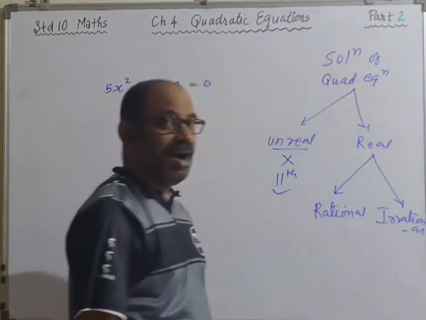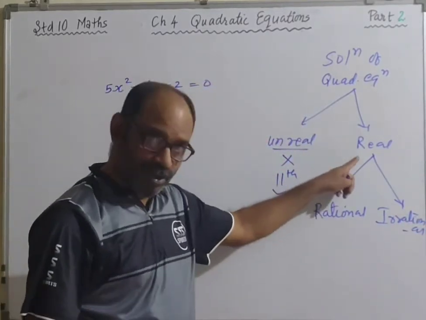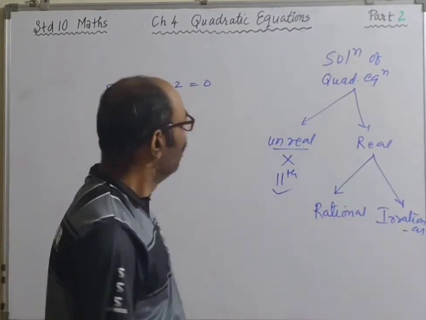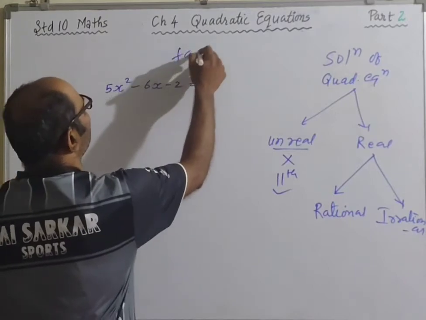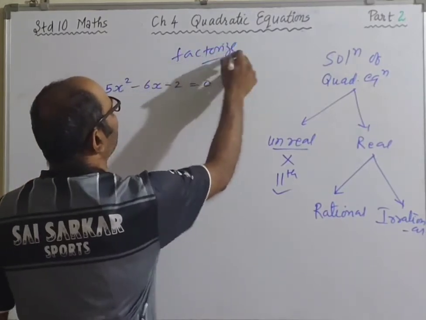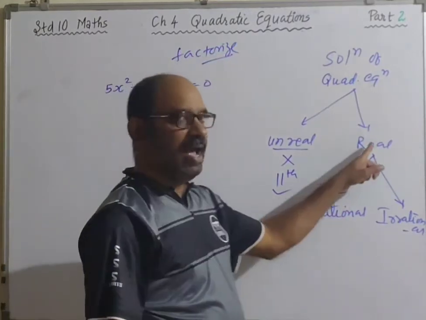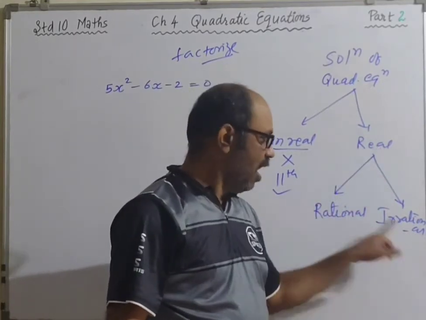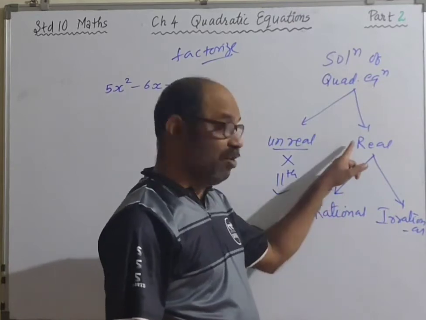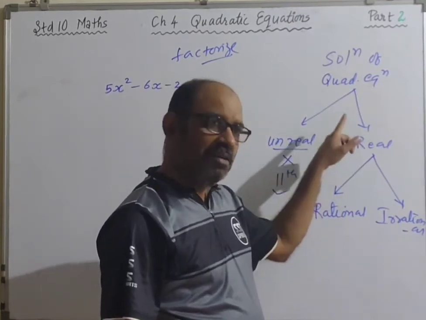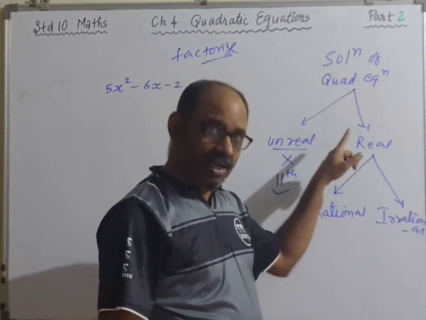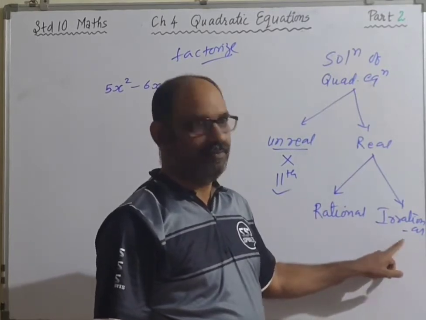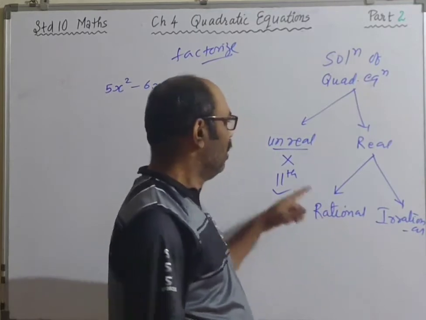Did you understand? If the solution is a real number, then it is going to be either rational or irrational. If you can factorize it easily, then the solution is real and rational. But if you cannot factorize it, it may be real, and if real, it can be irrational. It can never be rational.